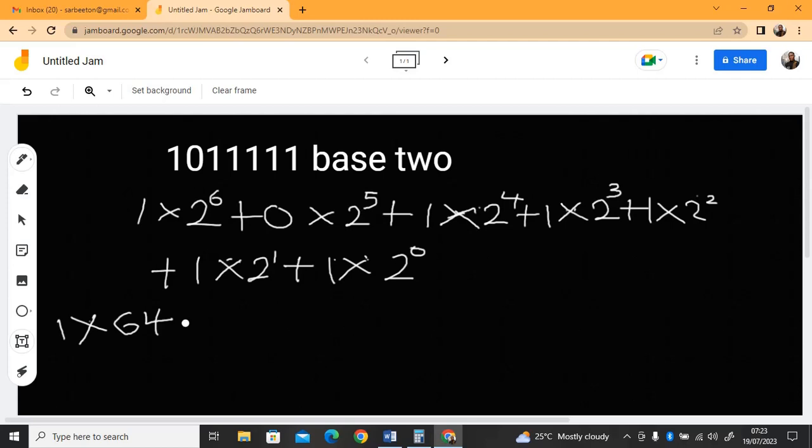Plus, now 2 in 5 places will give us 32. So plus 0 times 32.